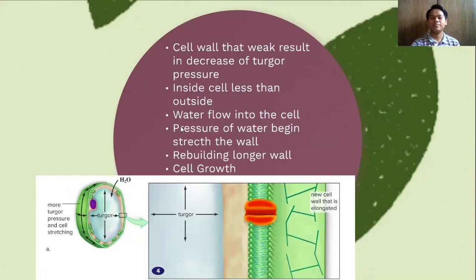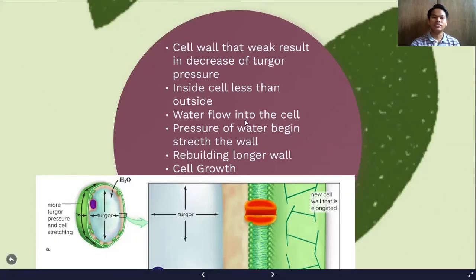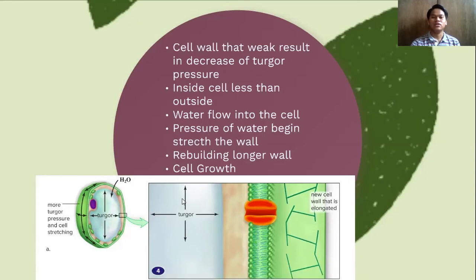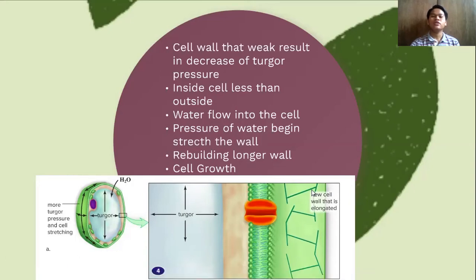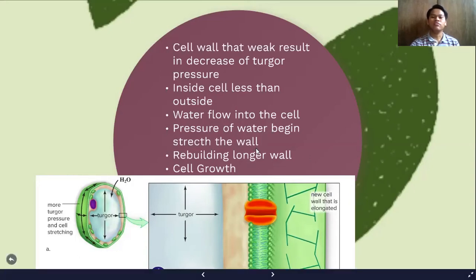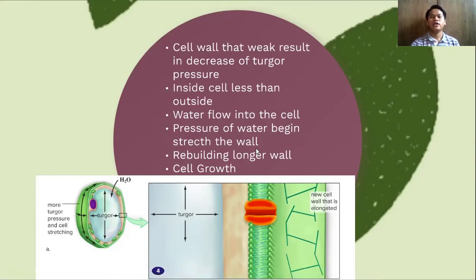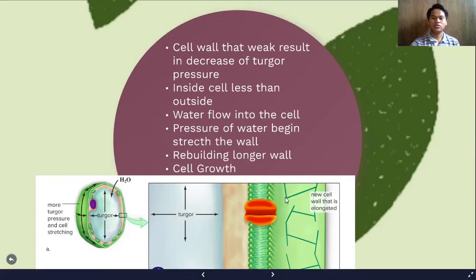Water from other parts will flow into the cell, which causes the pressure of water to build. Then the stretching of the wall occurs. This will rebuild a longer wall and cause cell growth. Without the rebuilding of the cell wall, the cell might burst. So it causes this part to elongate.